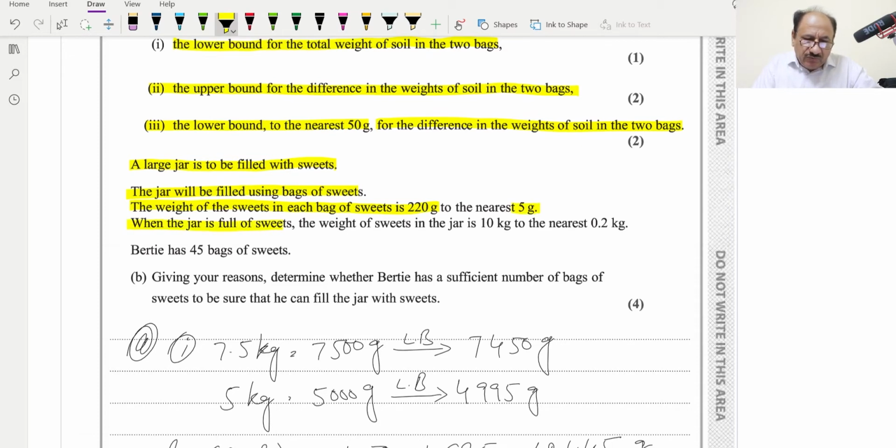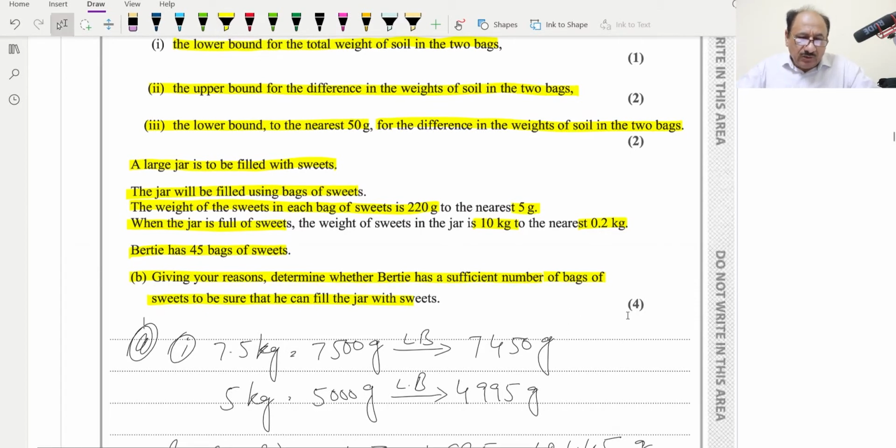When the jar is full of sweets, the weight of the sweets in the jar is 10 kg to the nearest 0.2 kg. Barrett has 45 bags of sweets. Giving your reason, determine whether Barrett has a sufficient number of bags of sweets to be sure that he can fill the jar with sweets.